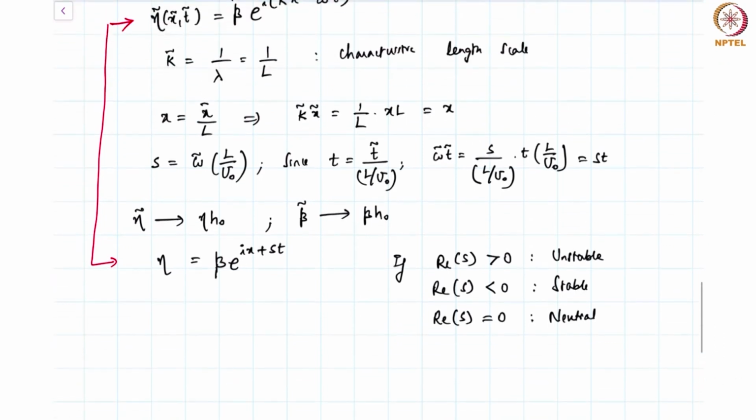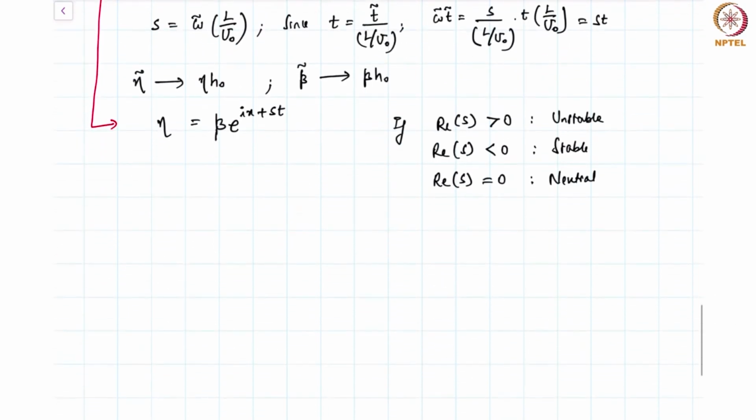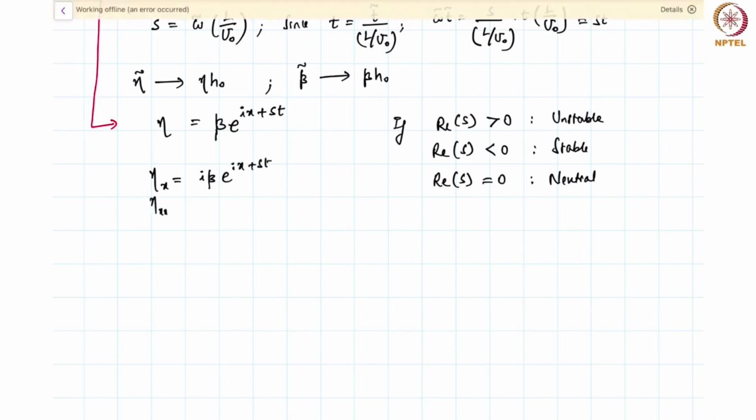So let's simply substitute this. For example, eta x simply becomes I beta e power ix plus st. Similarly, eta xx becomes I square beta e power ix plus st. This is nothing but minus beta e power ix plus st, and so on.